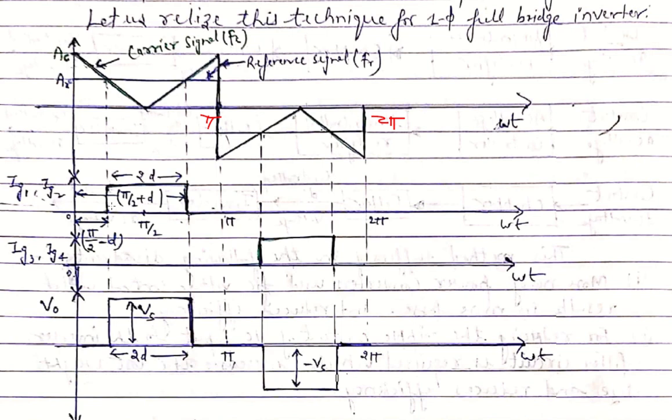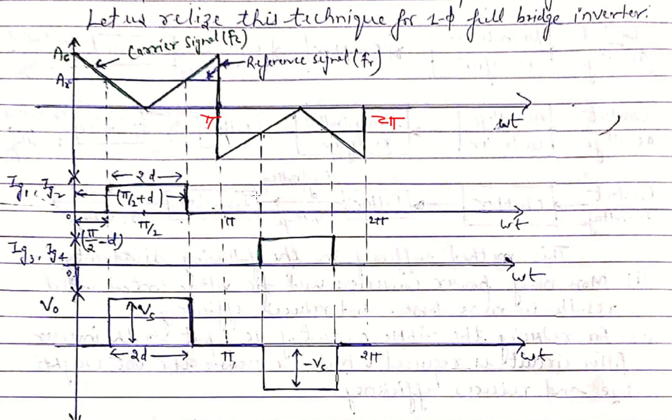So this pulse is obtained by comparison of these two waveforms. There are two intersecting points of these two waveforms, and if we draw a perpendicular line to the x-axis, then we can see that by comparison of this carrier wave with the reference signal, one pulse is generated in the half cycle.